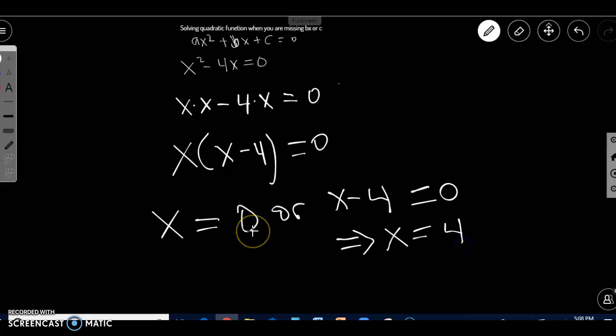So that is also another way, in case you don't want to insert the c part to get your 4.